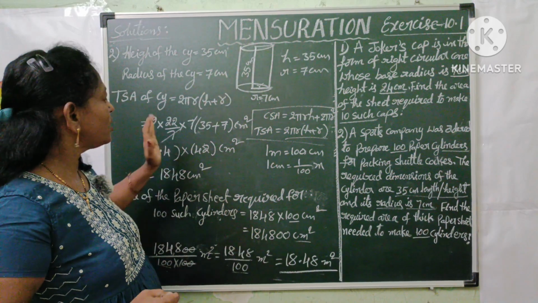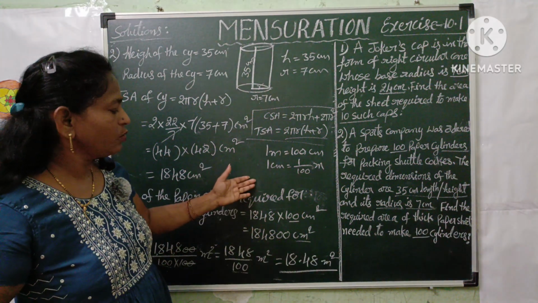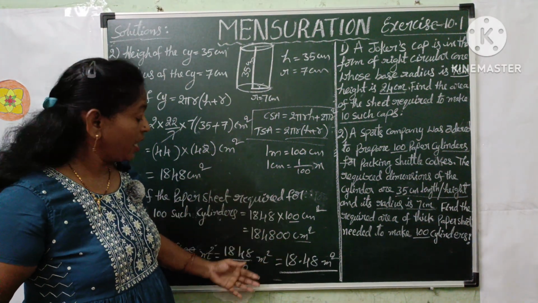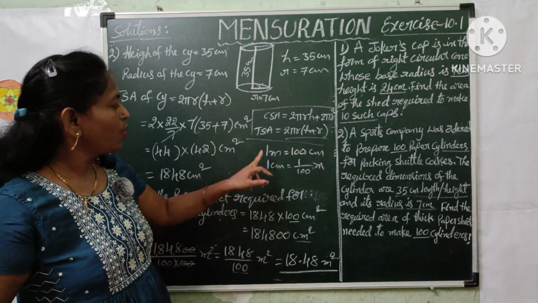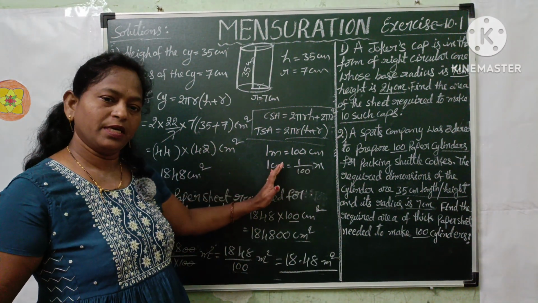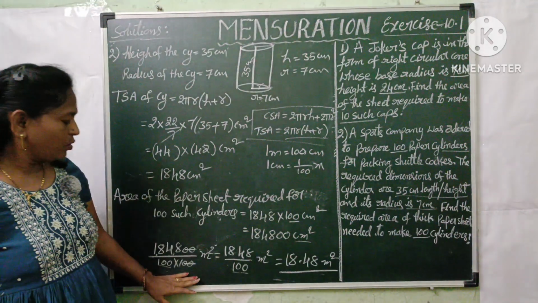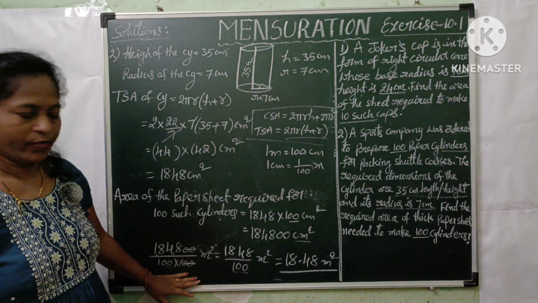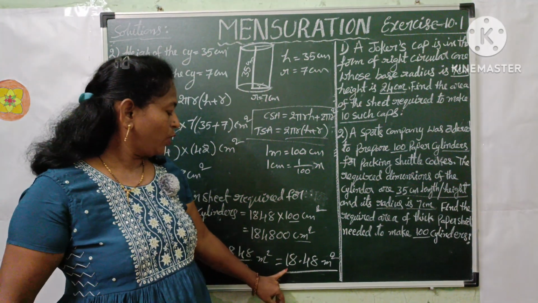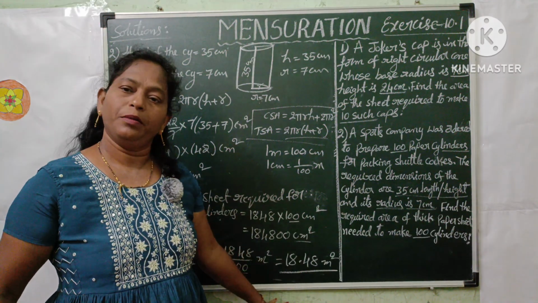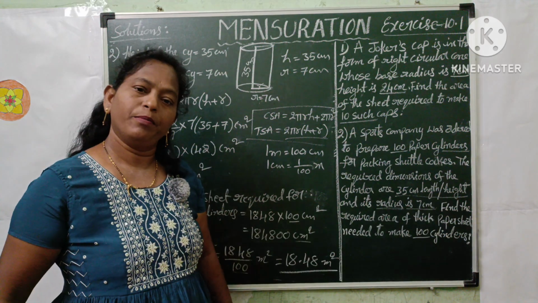So we use the total surface area formula and substitute the values. It is in centimeters, so converting centimeters into meters, 1 meter equal to 100 centimeters, 1 centimeter is 1 by 100. Here centimeter square, so we write 100 into 100, 2 times, then cancellation. Finally we got 18.48 meter square sheet of paper required for the 100 cylinders.